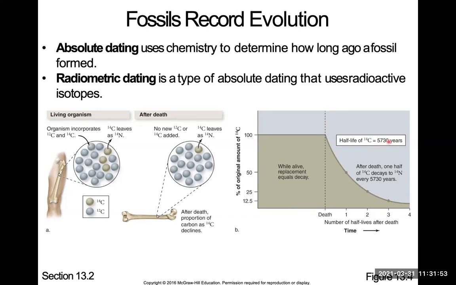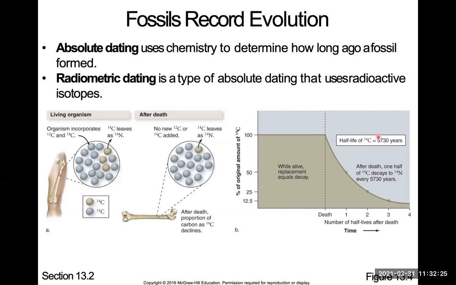Once you have the half-life, that means once someone dies, if it was 100%, in 5,730 years it's going to go to 50%. That's the half-life. In another 5,730 years, it's going to go to 25%. Maybe in another 5,730 years, it's going to go to 12.5%. And it's going to continue decaying. It never really reaches zero, so it's an asymptote, but it's going to keep declining. And this is the half-life in this case.